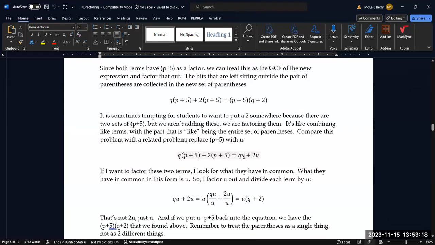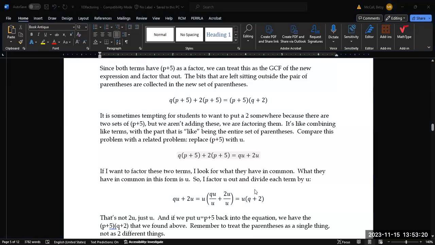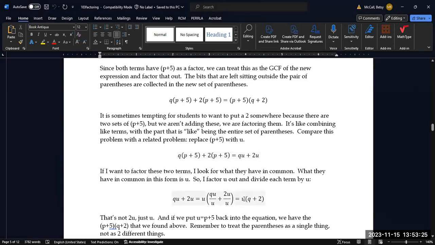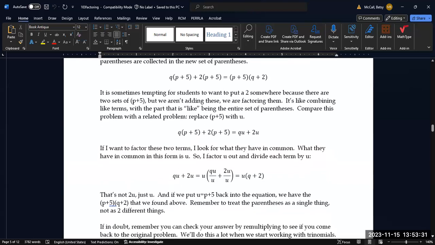When you apply your greatest common factor, you end up with u times q plus 2. And then you can put the p plus 5 back into the expression, and you'll get the same result that we had before.